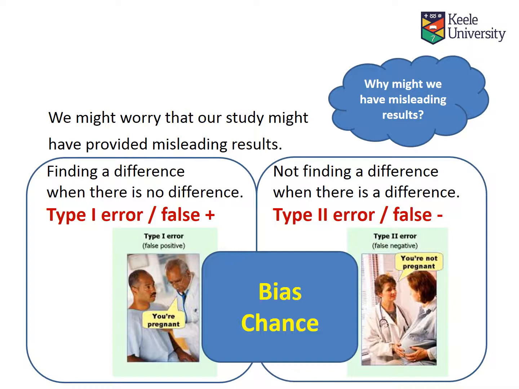You avoid, in the best possible way, any bias. You have perfect conduct, and there is still a chance, a possibility, that your study might show false positive or false negative results, purely because of chance.